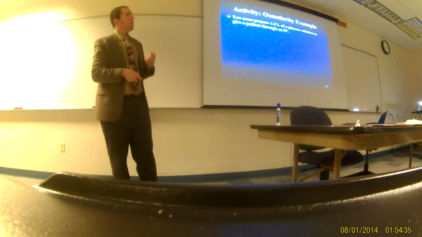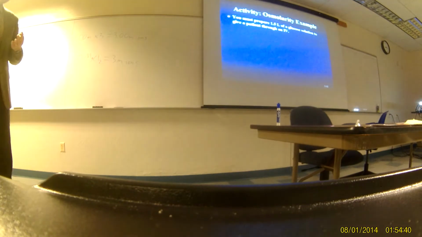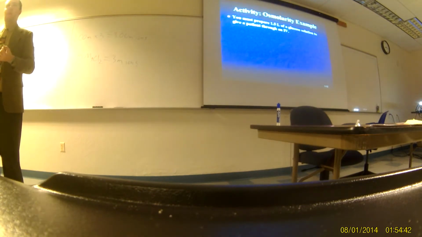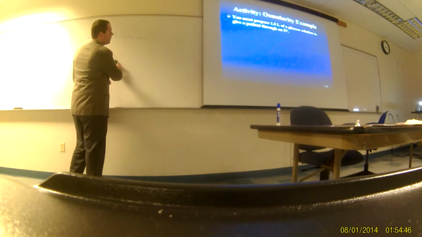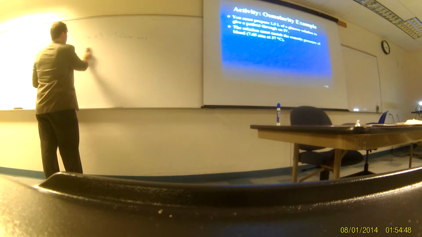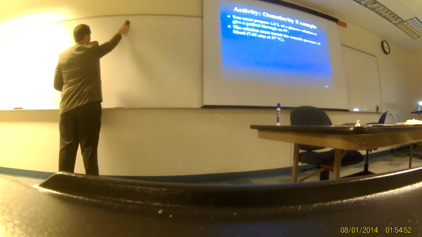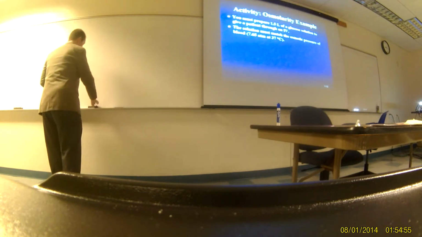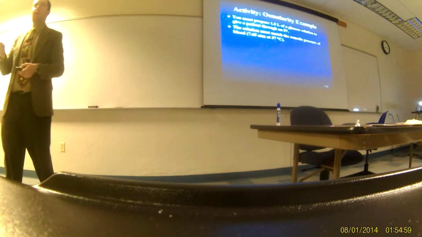So here's an example of our osmolarity problem. We are in the hospital, and we are going to give someone a glucose IV. We have to make sure that the osmolarity, the osmotic pressure of the solution that we're giving the patient is the same as the osmotic pressure in their blood.